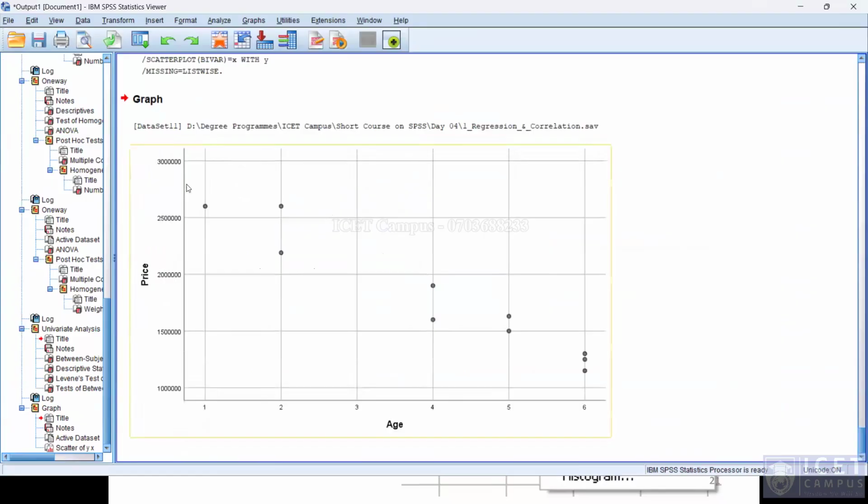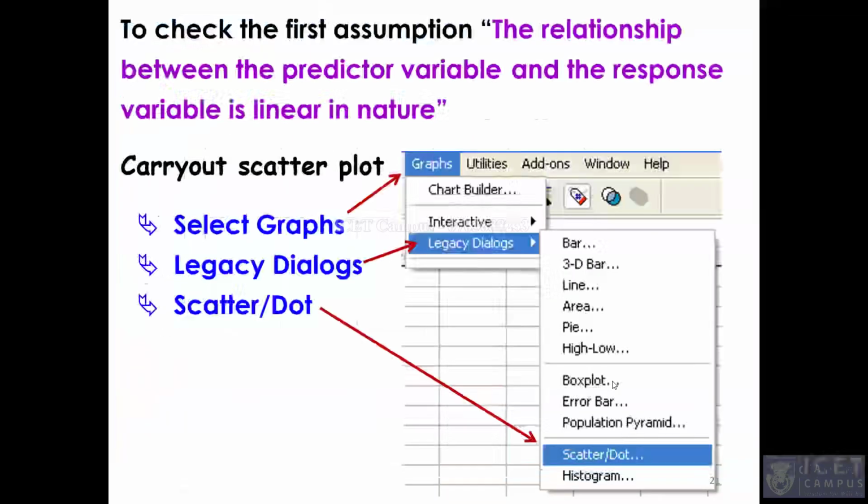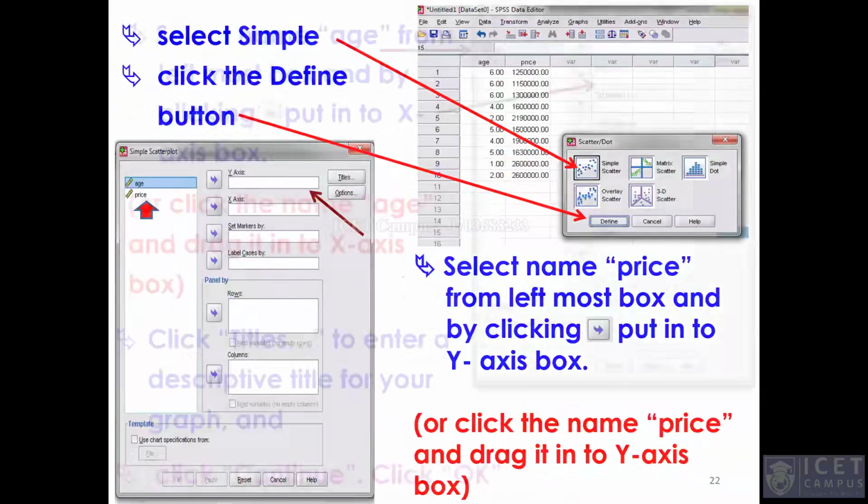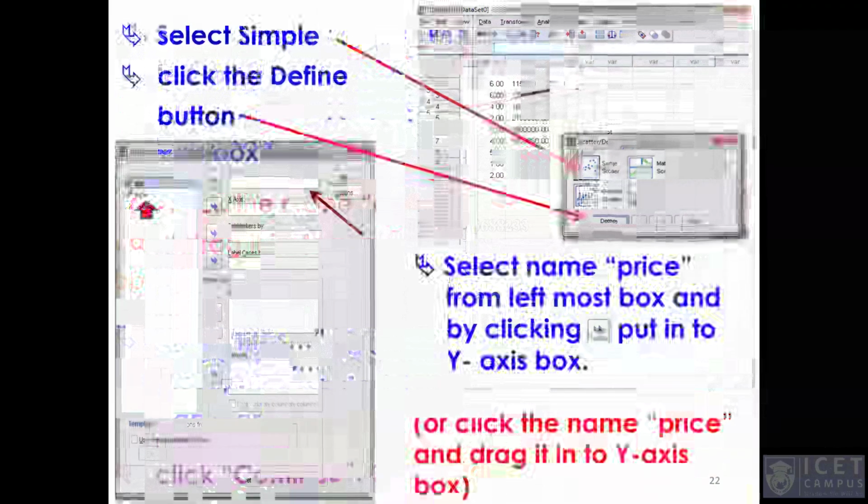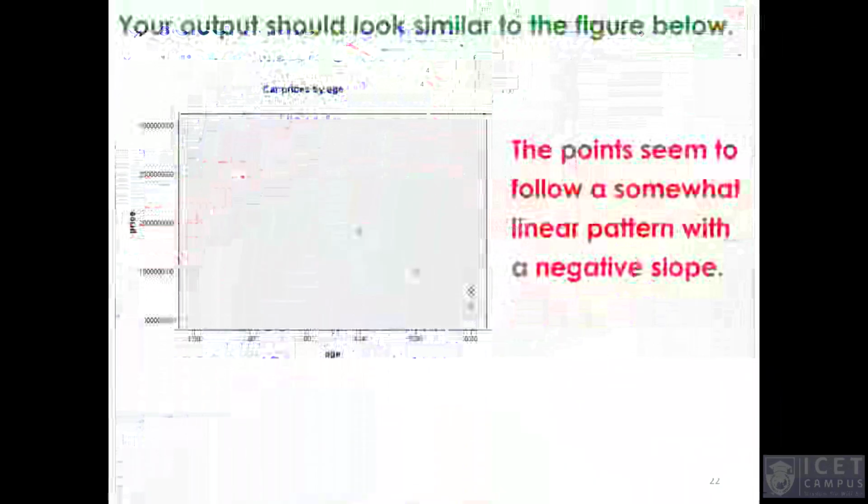This is the scatter plot, so you can see there is nearly a linear negative relationship. We did it, and the output is like this.